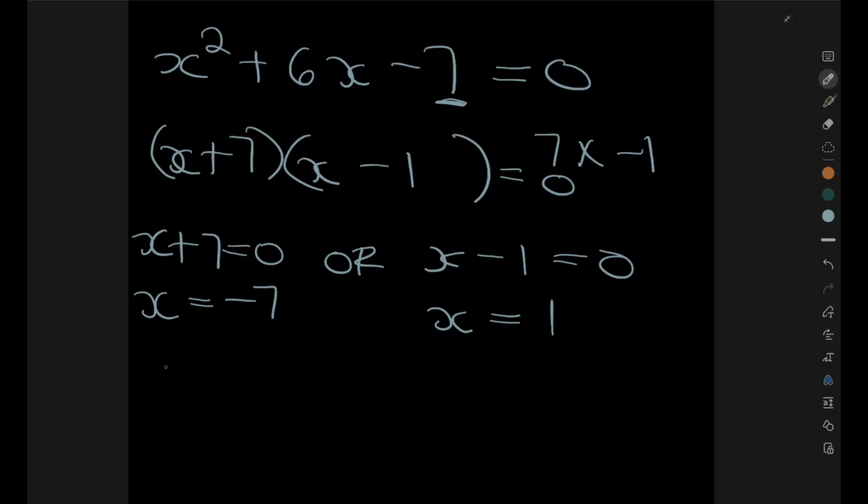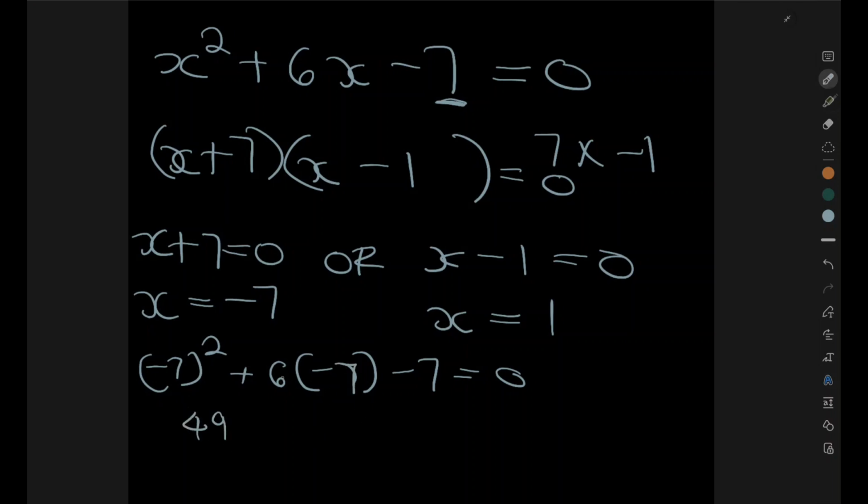So in this case, I would say minus 7 squared plus 6 times minus 7 minus 7 has to be equal to 0. I know that minus 7 squared will give me 49. I know that 6 multiplied by minus 7 will give me minus 42, and minus 7 have to be equal to 0, right?